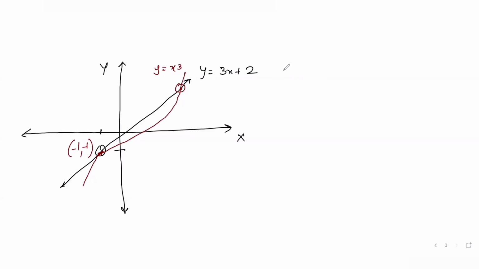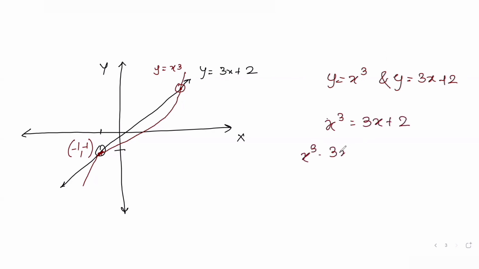Since both of the left hand sides are equal, I can equate the right hand sides as well. So you get x cube as 3x plus 2. From that you get x cube minus 3x minus 2 is equal to 0.